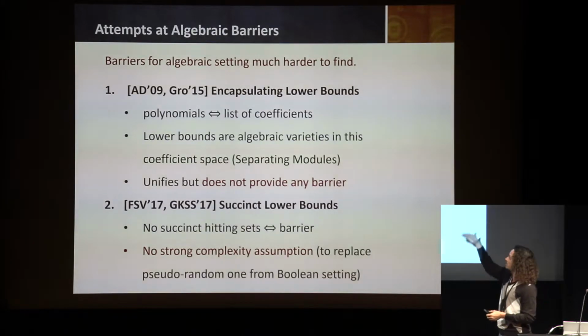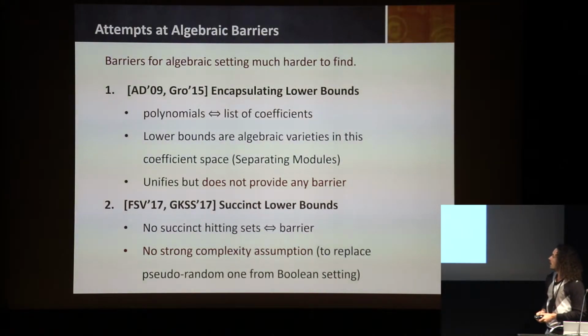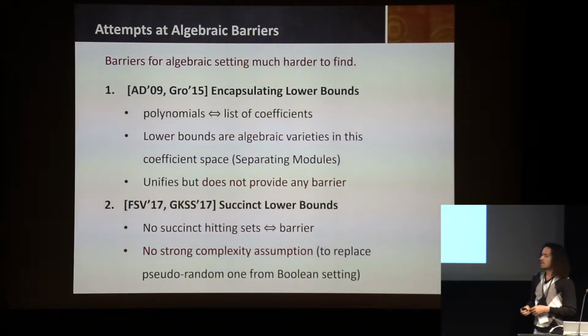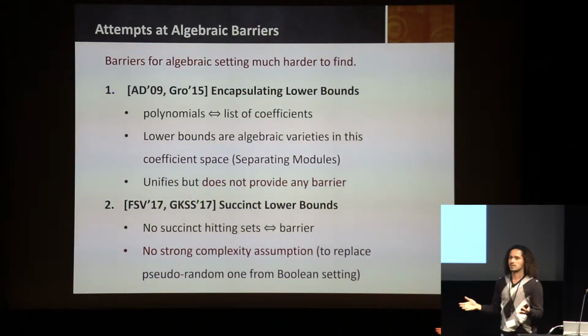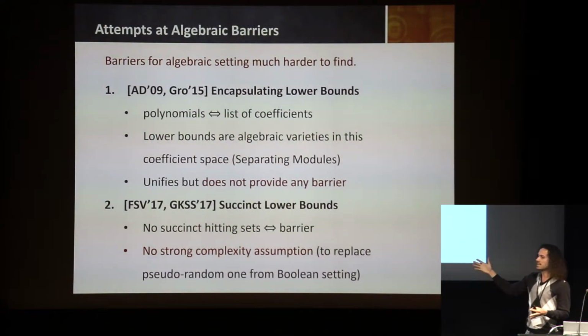Then, building on the works of Grochow, Forbes, Shpilka, and Volk, and Grochow, Kumar, Saks, and Saraf, they gave us this idea of succinct lower bounds. I won't describe what it is, but essentially they said that if you don't have any succinct hitting sets, this is equivalent to finding a barrier.